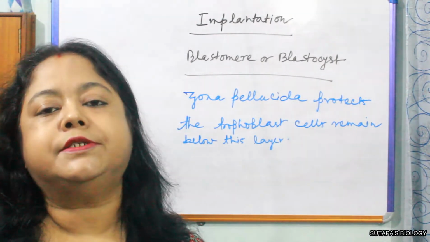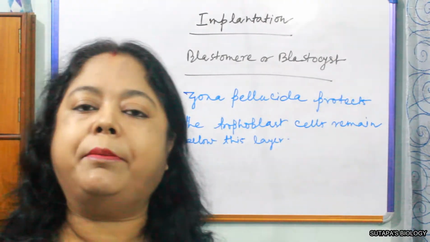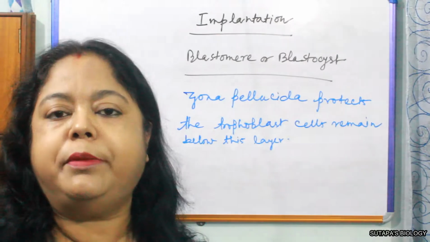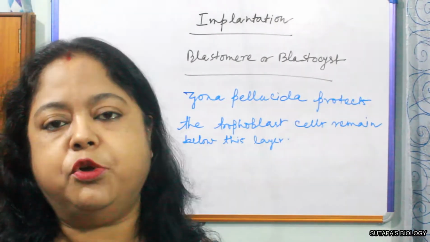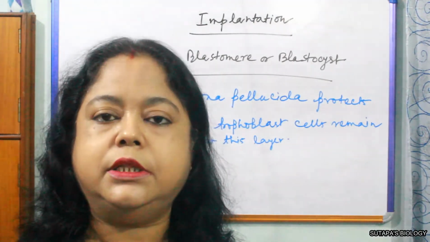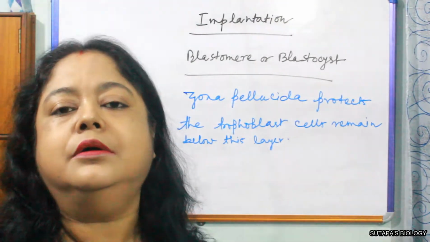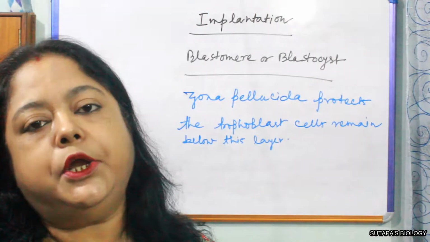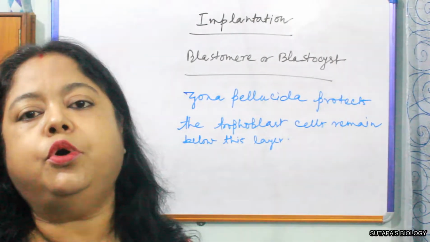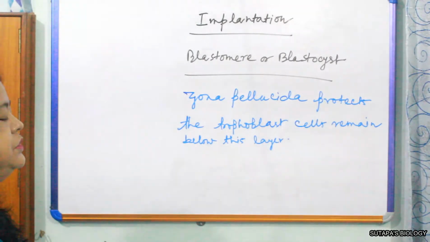Zona pellucida's responsibility is completed and it will be wiped off, and the trophoblast cell will get exposed to the endometrium and erode the cells of the endometrium. And after that, like sowing seeds in the soil, the trophoblast cell will sow the embryo inside the endometrium, and then the endometrium cells will grow outside it to make it properly settled. Okay, so this is about the implantation.